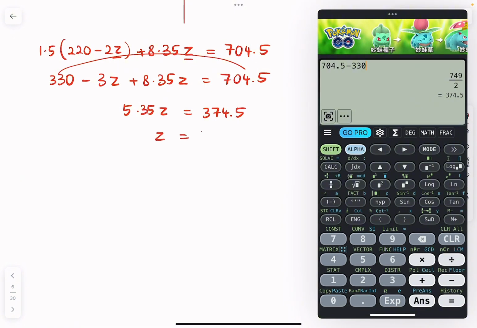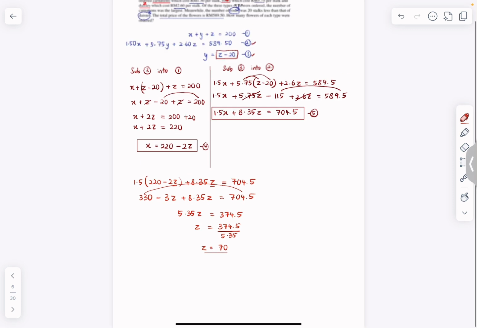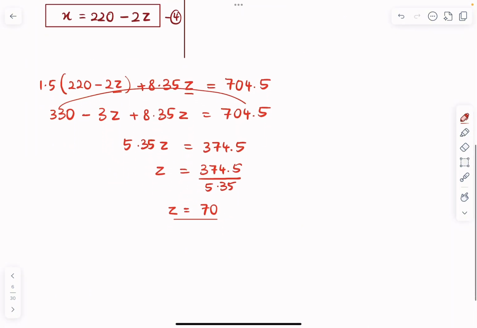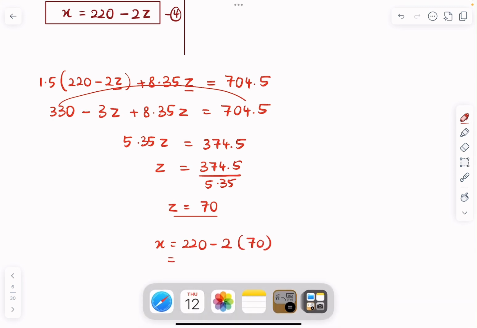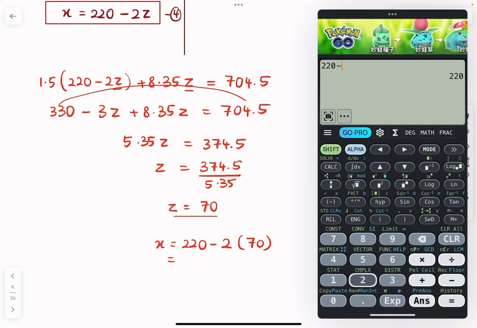So z will be 374.5 divided by 5.35. We get 70. Done. Now that we have z, we can sub this in to find x. So x is 220 minus 2z, which is 220 minus 2 times 70, we get 80.